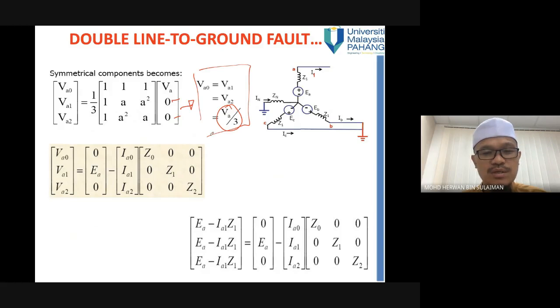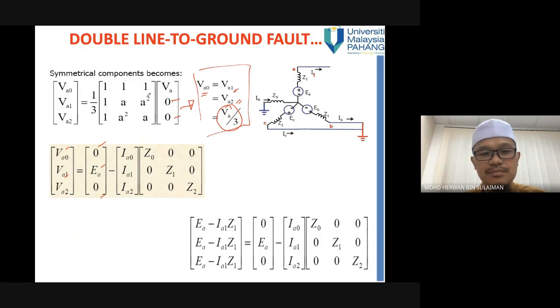So we can construct into the sequence impedance. So we have VA0, VA1, VA2. This one is the zero sequence, positive, and negative sequence. So we can calculate IA0 times Z0, IA1 times Z1, IA2 times Z2. And also from here, we can see that we can apply, because your VA0 equals VA1 and also VA2.